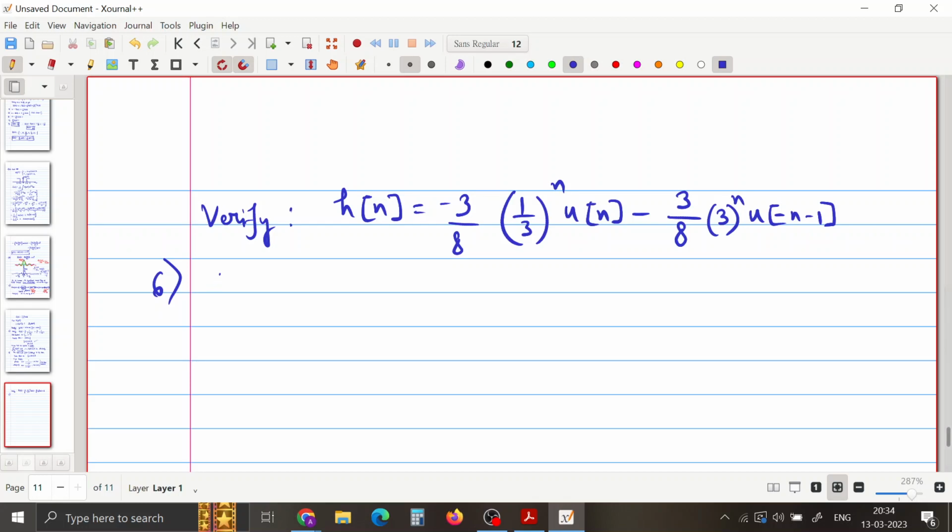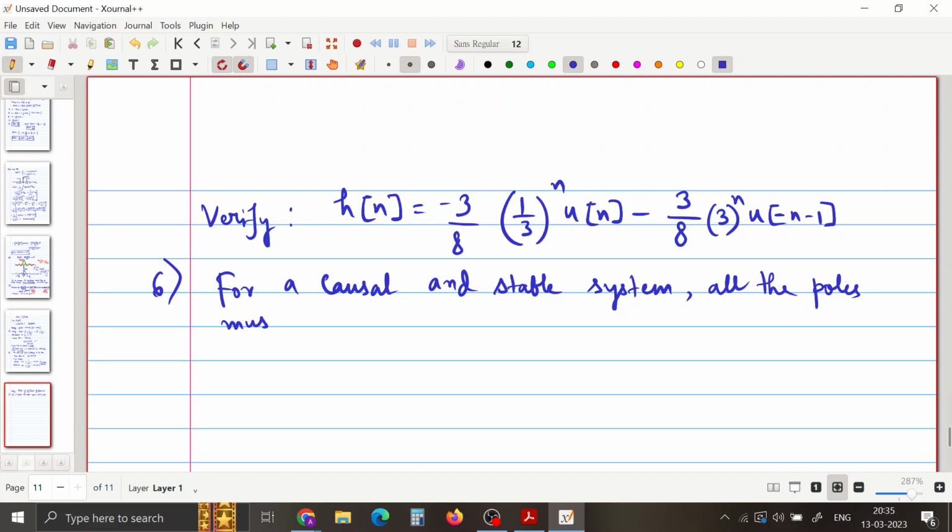So I'm writing it for a causal and stable system: all the poles must lie inside the unit circle.